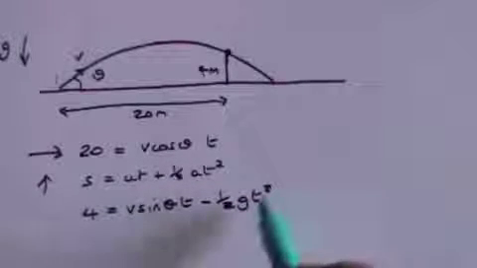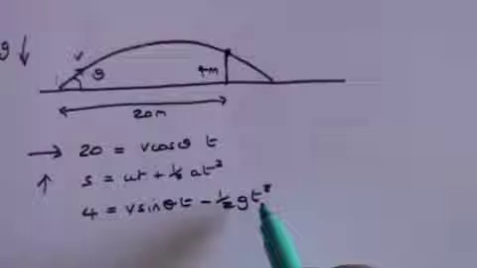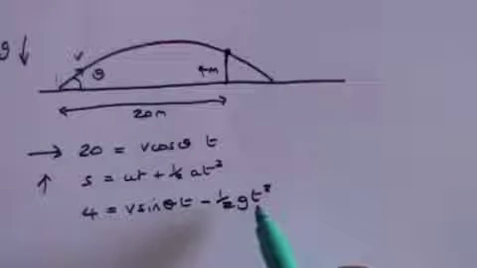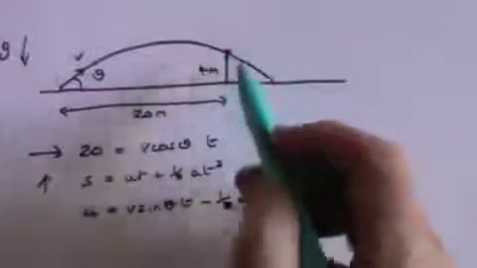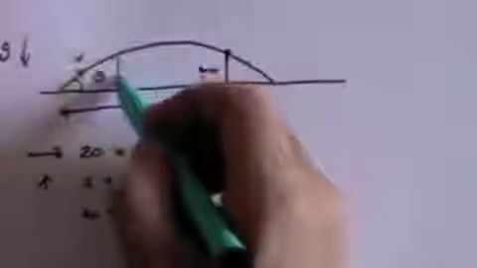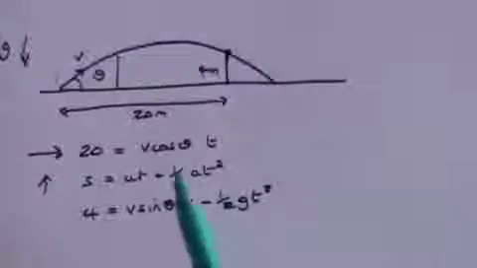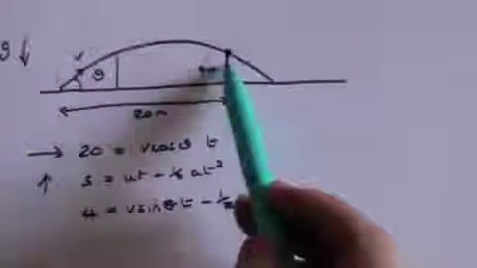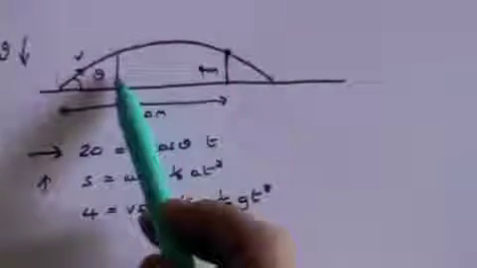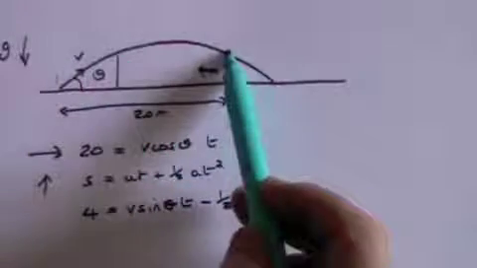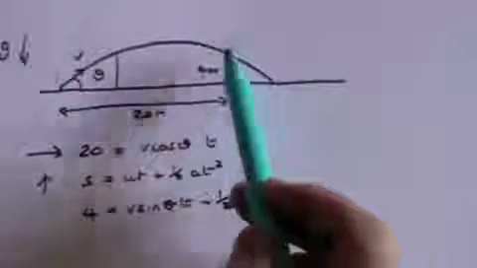And once again, because you've got a t squared in the formula, you're going to get two solutions. That's perfectly right, because there are going to be two places where the ball is at 4 meters. This one here, but of course the ball was also at 4 meters here. That's not the one you want. You want this one. So if you get two values for time, then you want the later time, because that's when the ball has got to the further point.